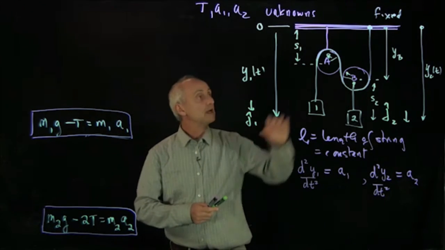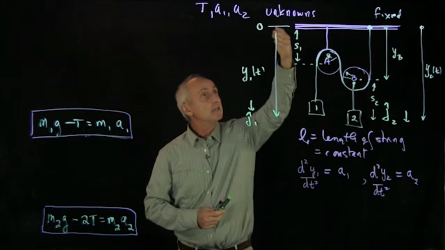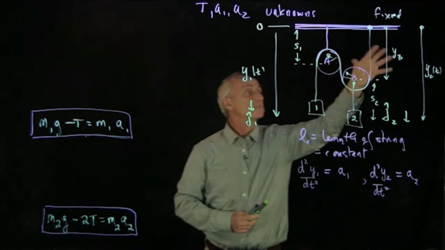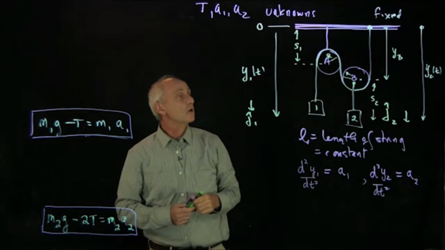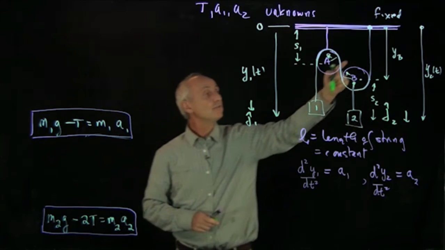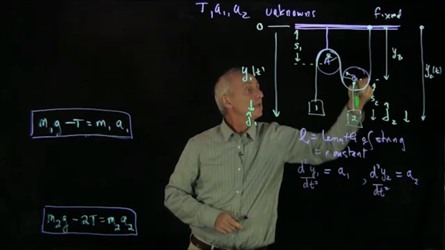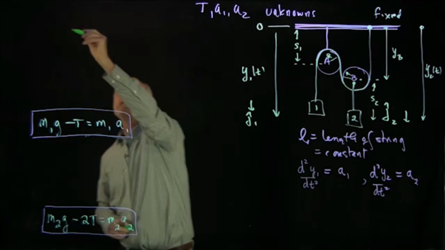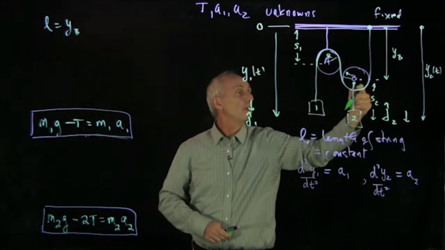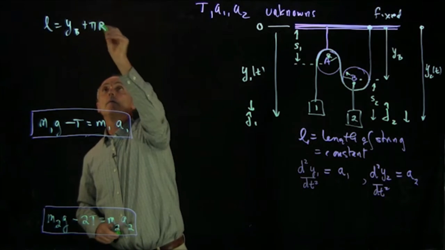What we're going to do is try to see if we can express the length of this string in terms of all the coordinate functions and some of these ancillary quantities. So the length of the string has a factor yb going down here. It wraps around pulley B, so that's pi r.